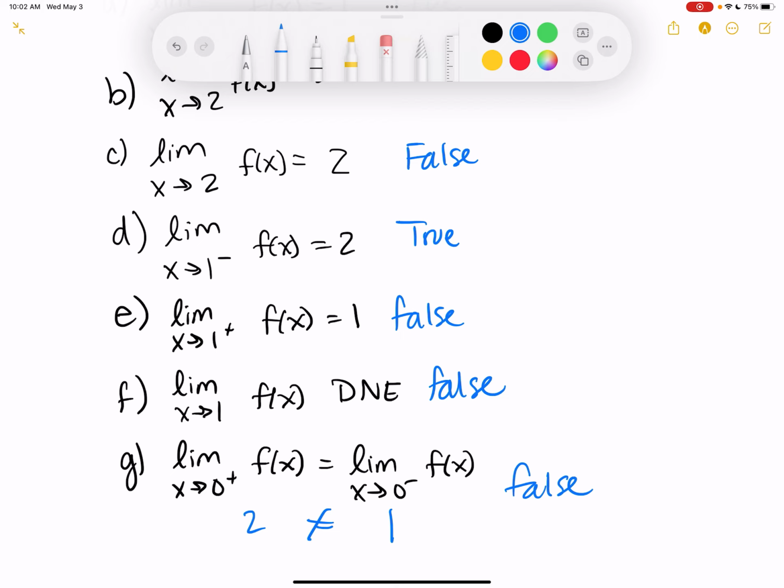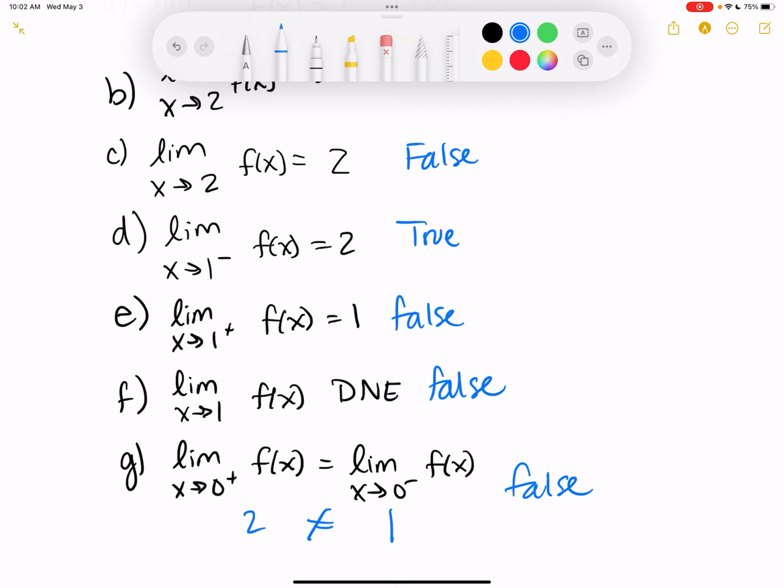That one's still true. 1 from the right, coming from this direction, would be equal to 2.